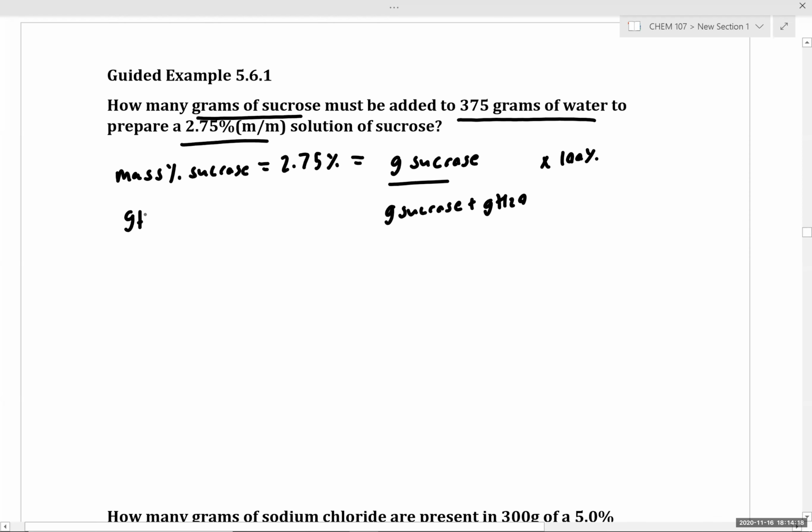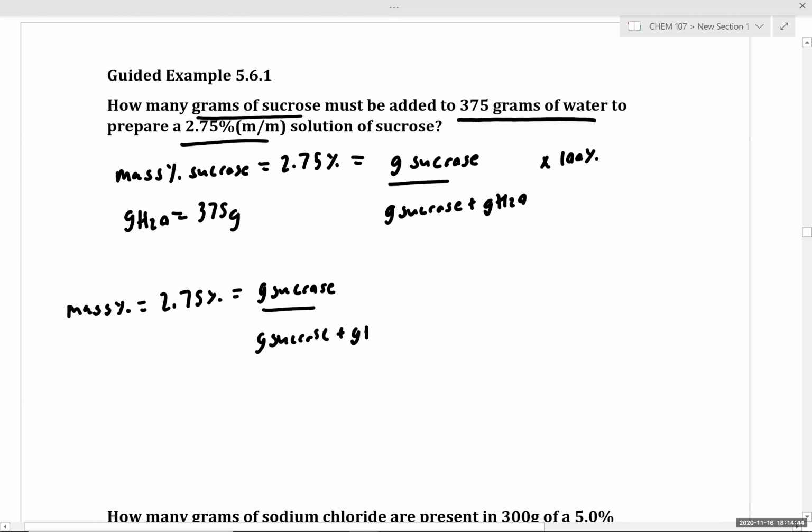And we also know the grams of water. What is our mass of water in this case? 375. Yep, so we have 375 grams of water. Plugging this in, we see that our mass percentage, 2.75%, is equal to the grams of sucrose over the grams of sucrose plus the grams of water, times 100%.